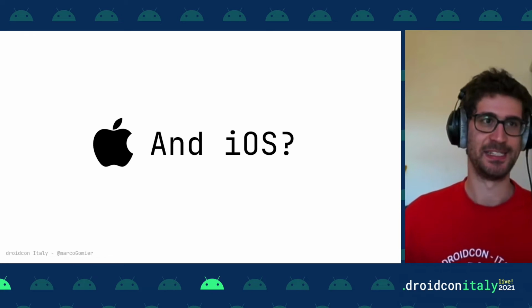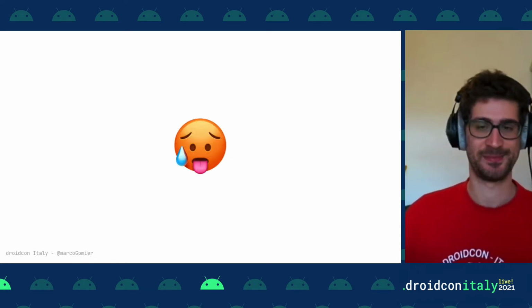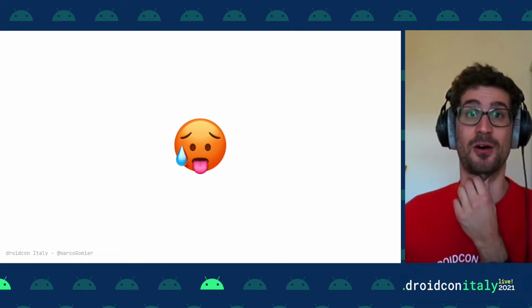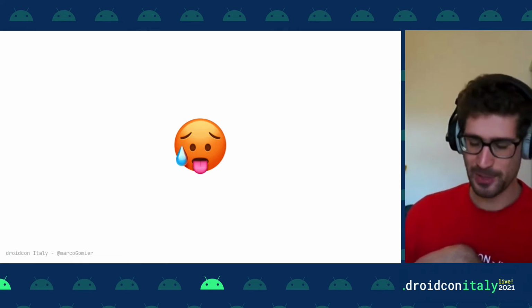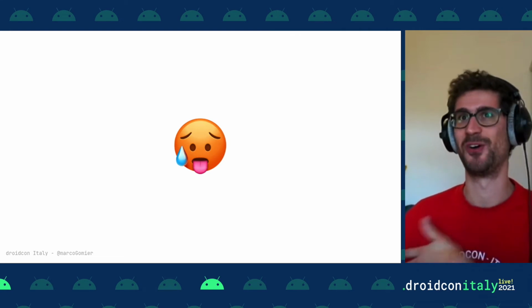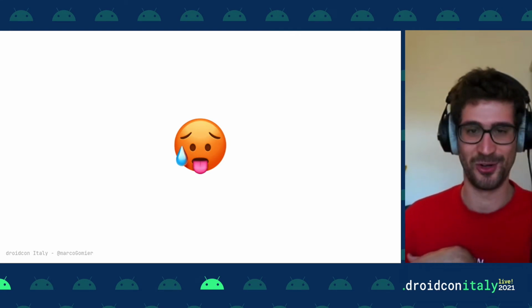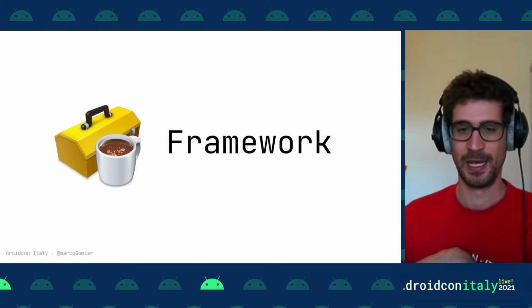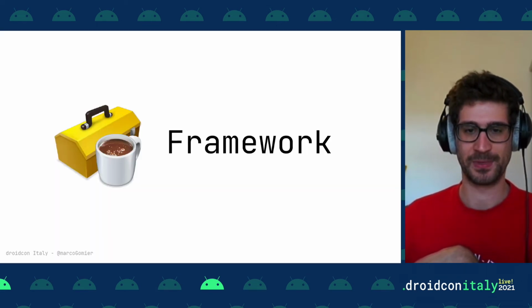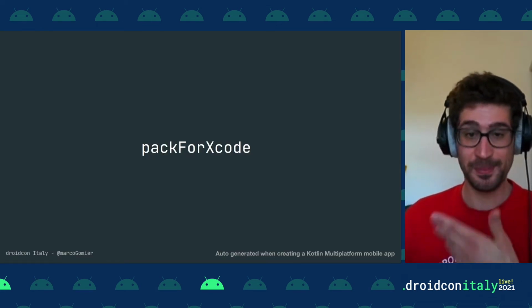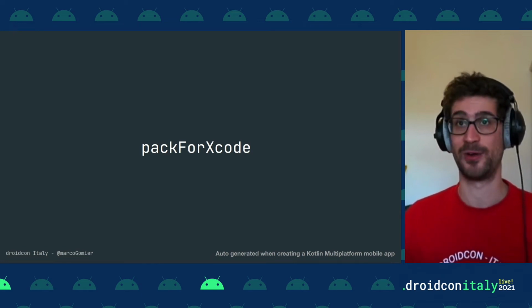Now we have the tough part, that is iOS. And yeah, it's tough because usually on existing projects, most of the stuff that you're seeing online is basically shipping the framework in a monorepo structure.